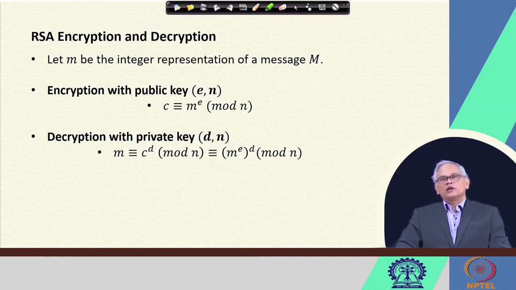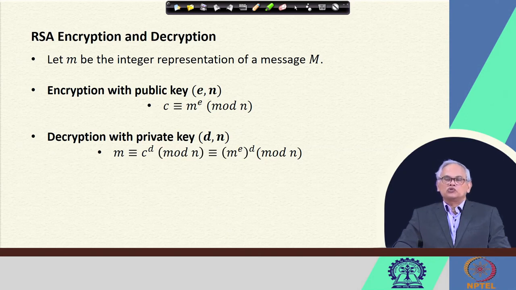Now, if we are given a particular message capital M, we first take its integer representation, let us call that lowercase m. In the process of encryption, we raise m to the power of e, and then whatever we get, we take the remainder by dividing by n.